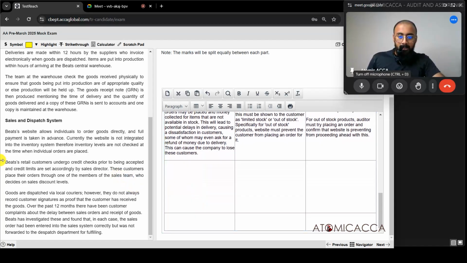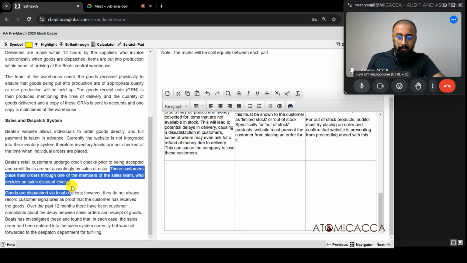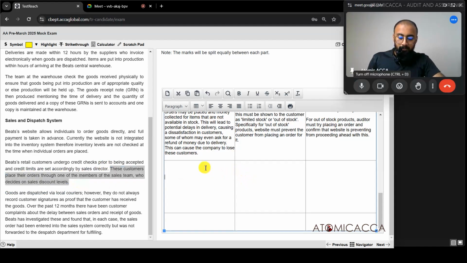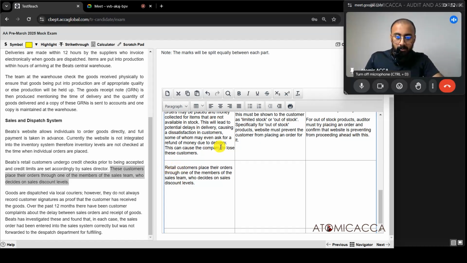So don't copy paste the entire paragraph, just tell what is needed. So retail customers place their orders through one of the members of the sales team who decides on the sales discount level.